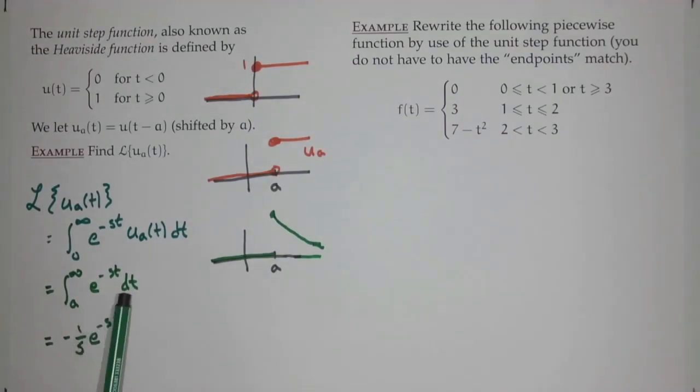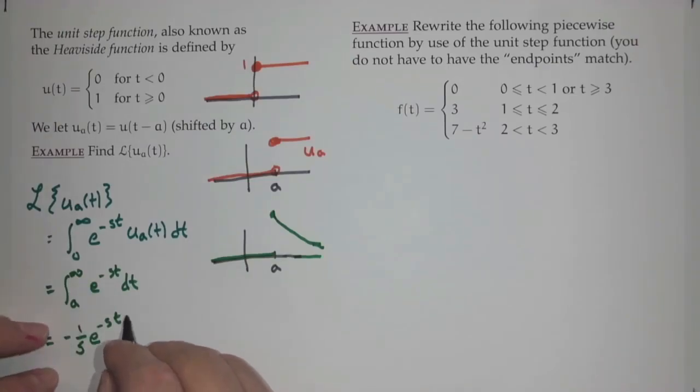We're integrating with respect to t, and the integral of the exponential function is the exponential function. And then we have to say, well, wait, it's not just t upstairs, there's this minus s. And from our perspective for right now, minus s is treated as a constant when we're doing the integral. So you have to divide by that constant. So that's where the 1 over s is coming from. And then the minus because there's a minus.